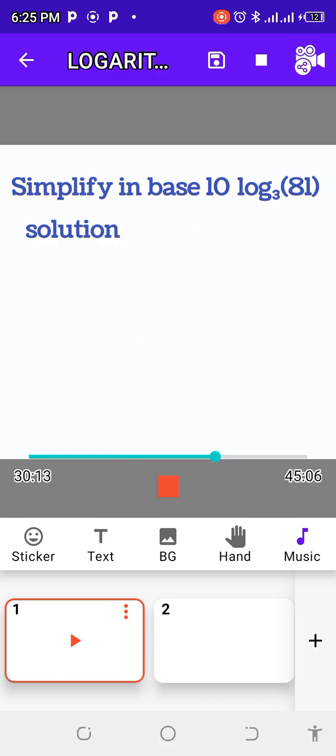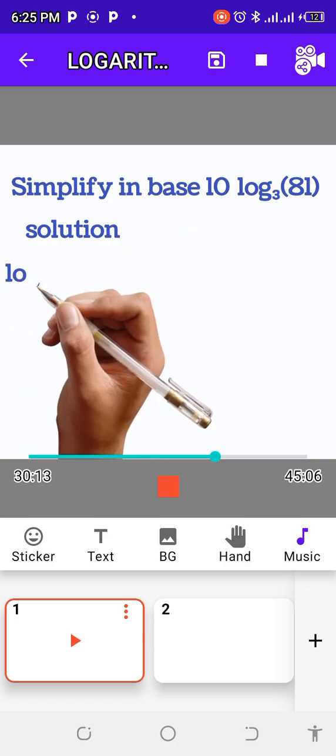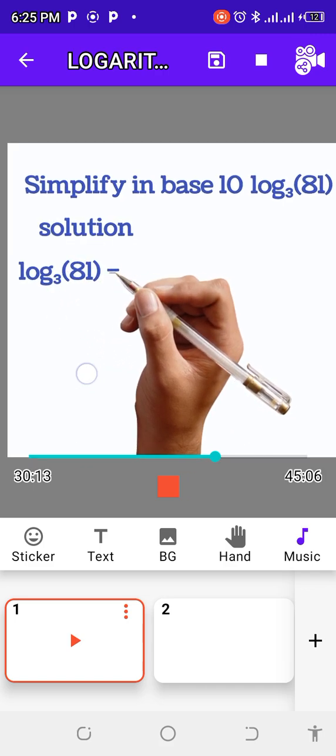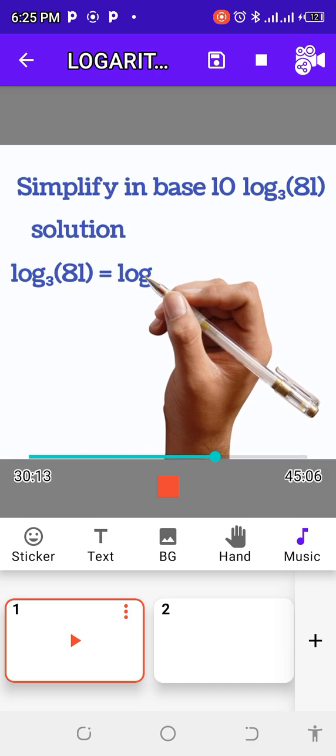Just take the logarithm of the number over the logarithm of the base and apply the new base.